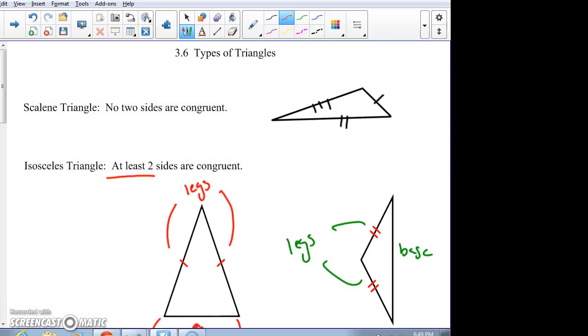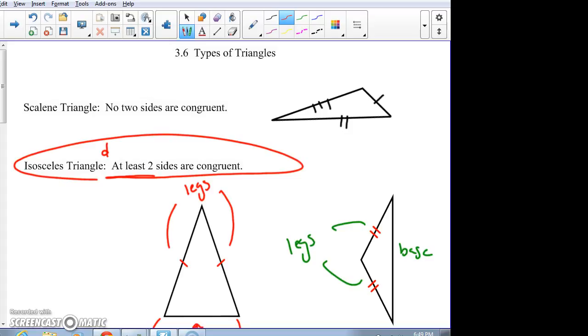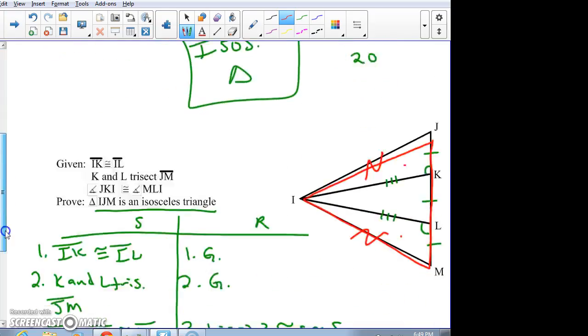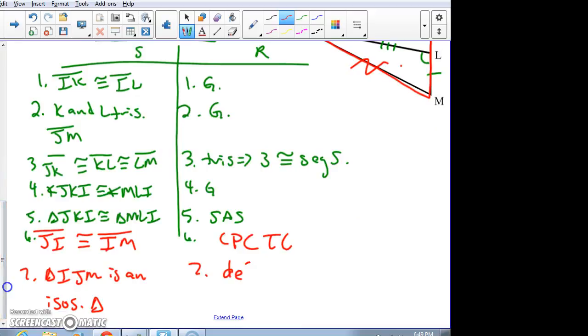Maybe we'll go back and add this to your list: isosceles triangle, at least two sides are congruent. If you just want to write shorthand, definition of isosceles triangle, that's good enough for me, okay? I know that by now you've known isosceles triangle since like the 2nd grade, so I'm okay with you just writing definition of isosceles triangle, because I have at least two sides congruent.